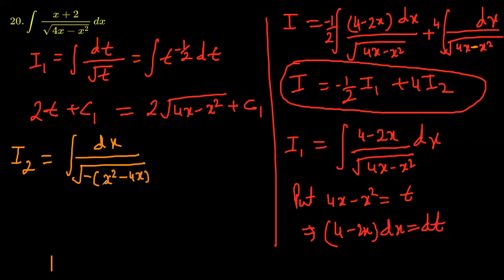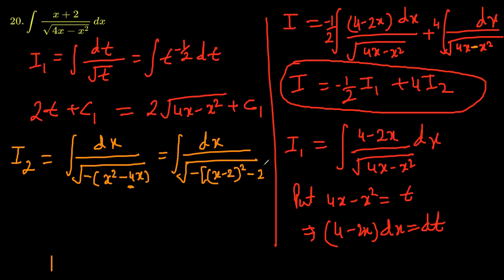Now we can change this into a perfect square to change this into one of those particular integral forms. So dx divided by square root of, minus sign outside, x minus 2. We take half the coefficient of x, yes? x minus 2 whole squared, and then we subtract the square of this constant, which is 2 squared.